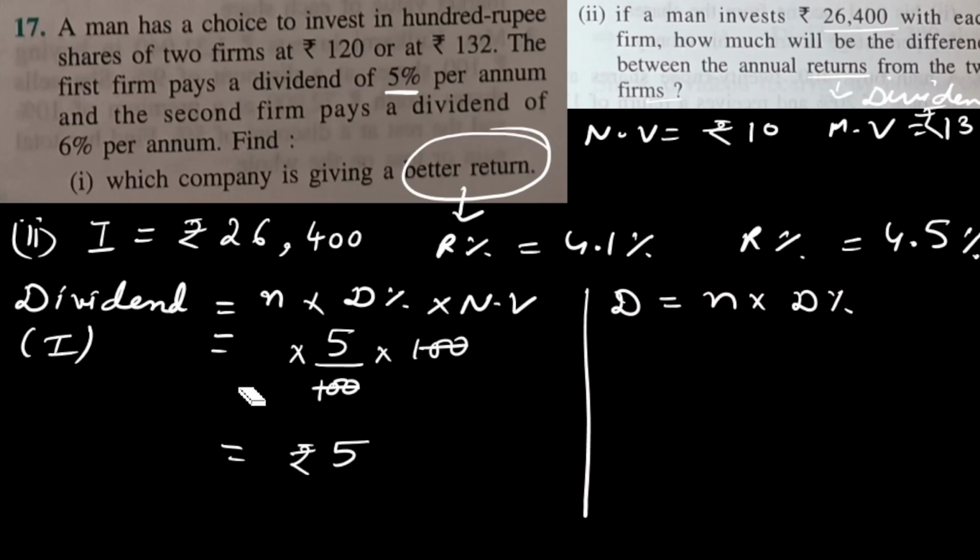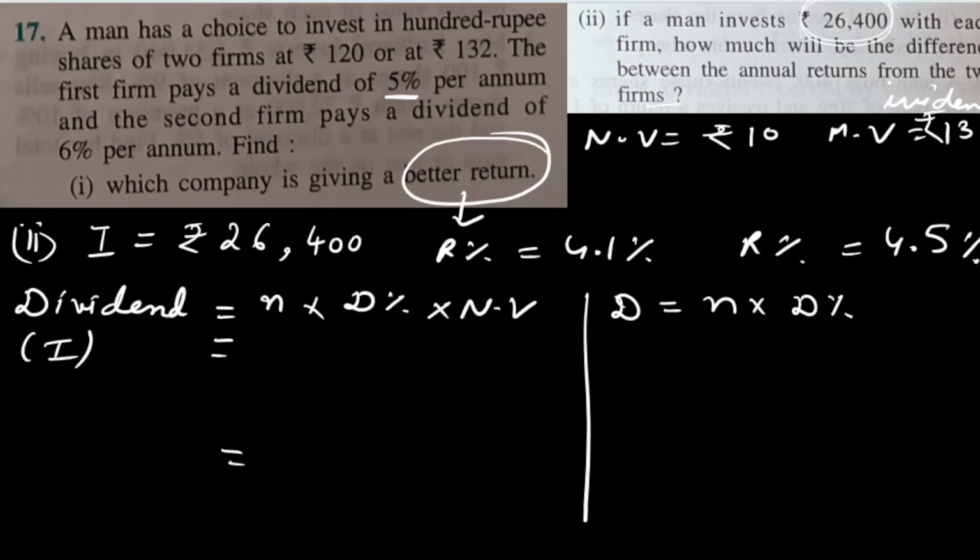I'm just sorry for that, because in the flow I just continued. In second part, it's clearly given to us if a man invests this much. See, if a man invests this much, so if investment is not given to us, what we can do? If number of shares are not given to us but investment is given to us, we can easily find number of shares. In many questions till now we have done.